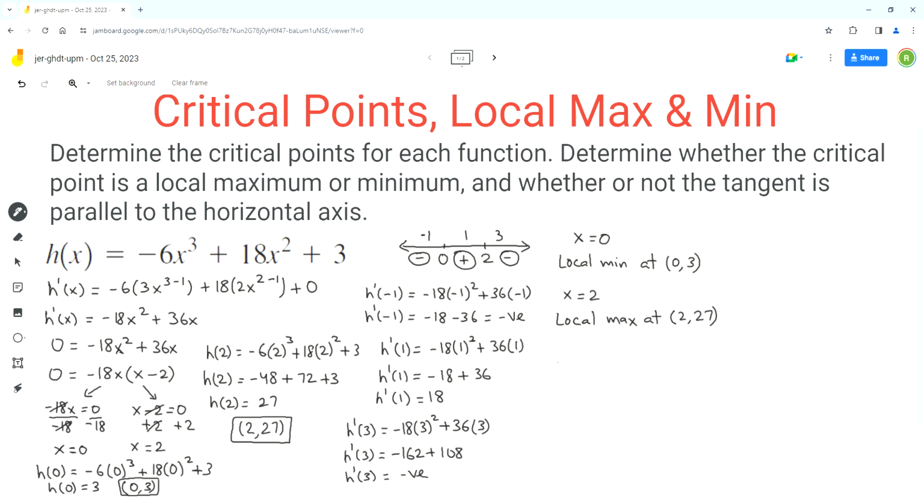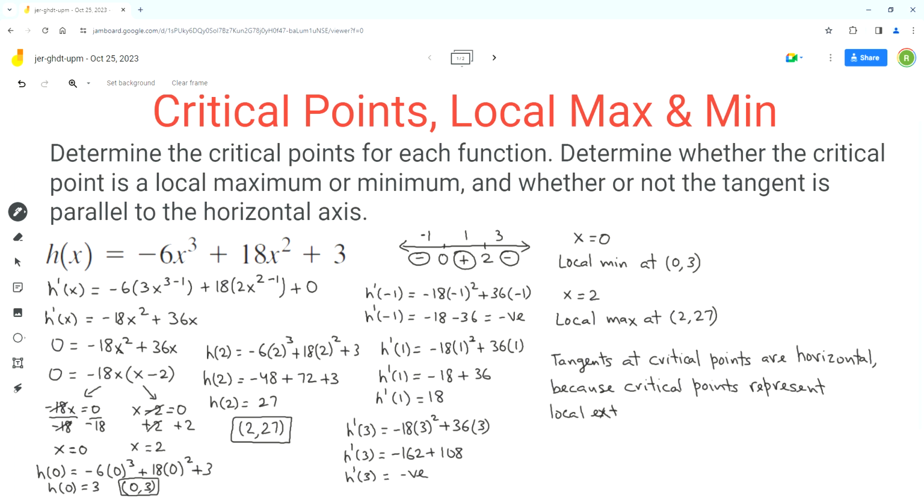So we can conclude that tangents at critical points are horizontal or parallel to the horizontal axis because these critical points represent local extrema of h of x, the given function.